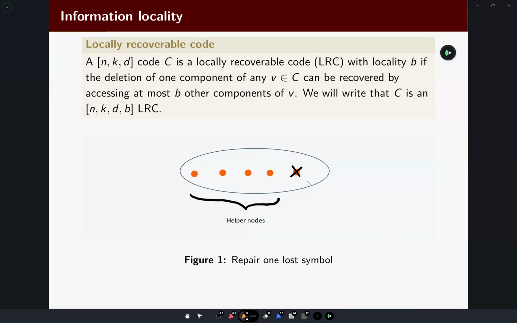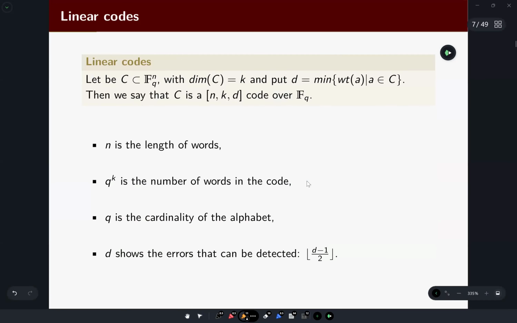And again, I'd like to point out that in this situation, we are not doing error decoding, but we are doing erasure decoding, which is different because if you remember, I told before that usually a code can detect at most d-1 errors, and correct at most (d-1)/2 errors.